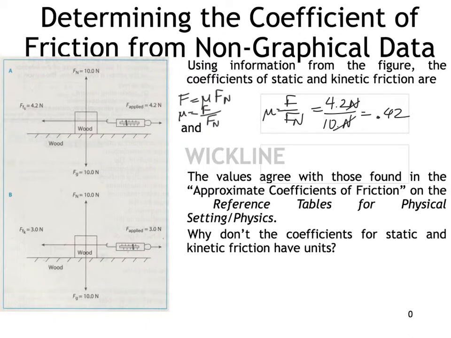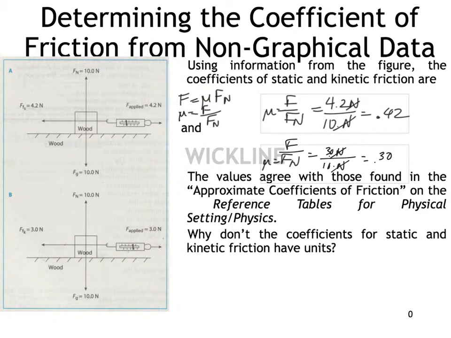Now, if I do that again, F over Fn for the bottom diagram. The applied force in this case is 3 newtons. And the normal force in this case is 10 newtons, which means that 0.30 with no unit, because the newtons cancel, is my value for mu in the second diagram.